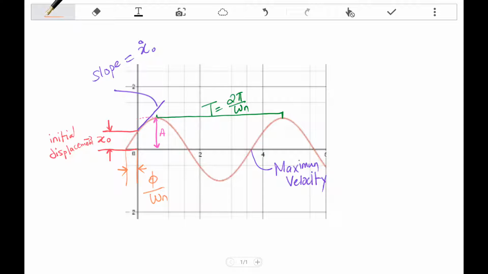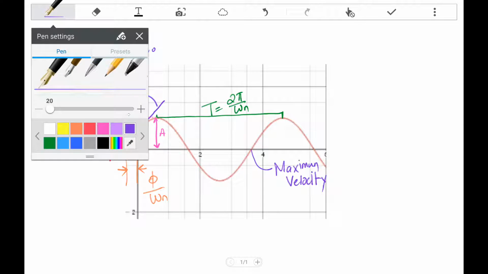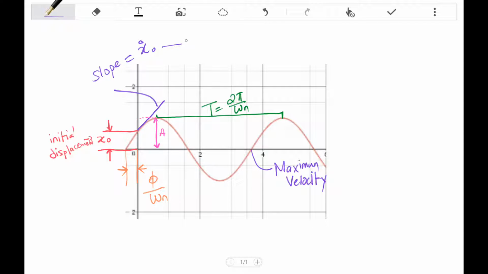Alrighty, sweet. Okay, and like we said, this is your initial velocity. And mind you, this could be 0 as well.